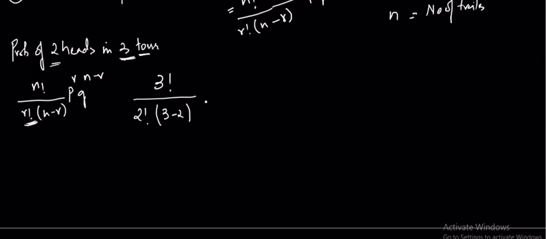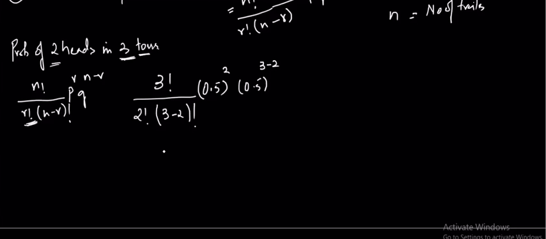The probability of success is 0.5 raised to power r, which is 2, and then the probability of failure is also 0.5 raised to power n minus r, that is n is 3, r is 2, therefore this is going to be 1.